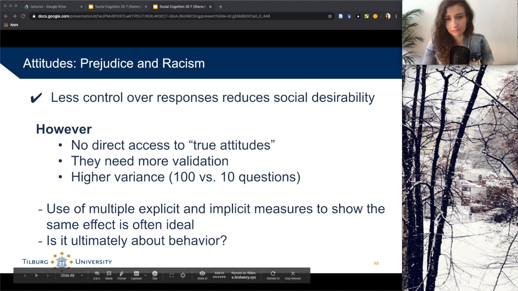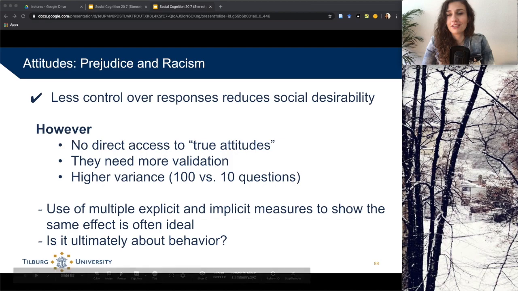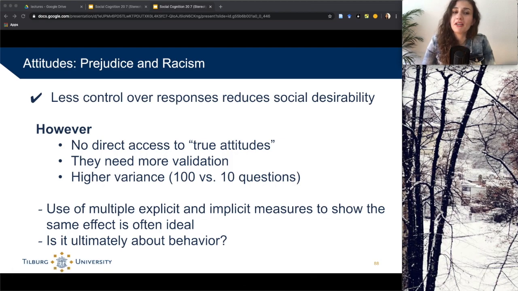All we have is your behavior. In addition, these ideas are still relatively new, so they need some more validation. And it's also quite possible that there's just a bit of variation in how exactly it's implemented. So for instance, I could show you 10 shooters, or I could show you 100 potential shooters, and so there's no standard protocol for this so far.